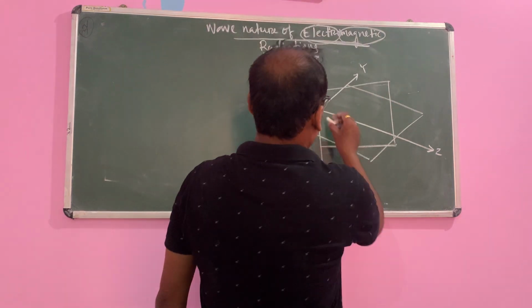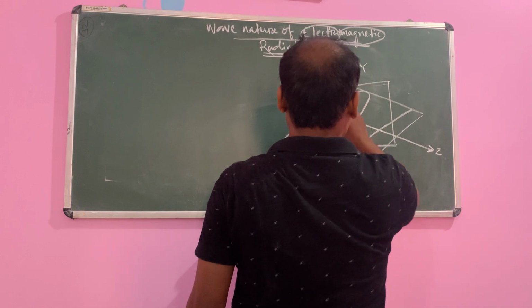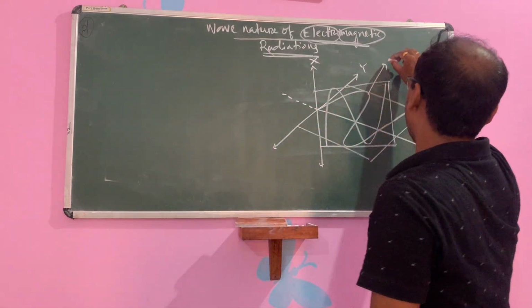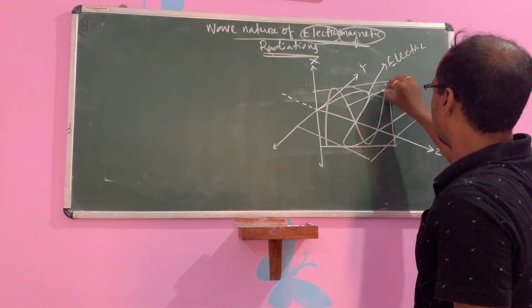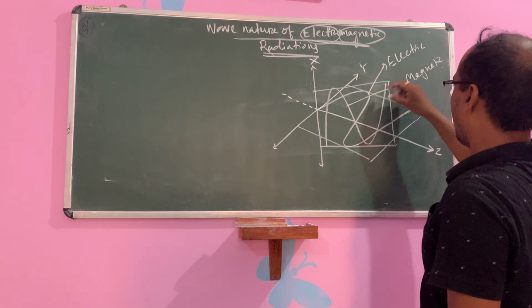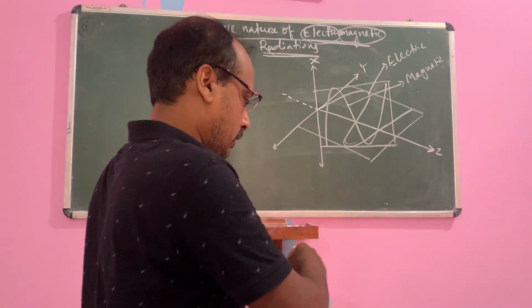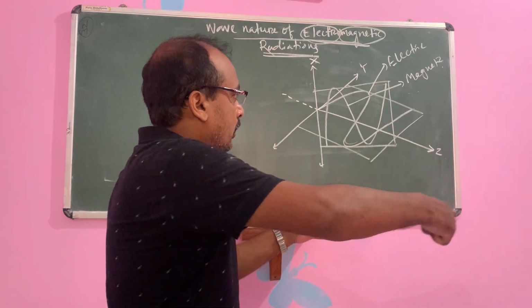Suppose this is your wave of electric field and this is your wave of magnetic field. Suppose this is your wave propagation. This one is your electric field.